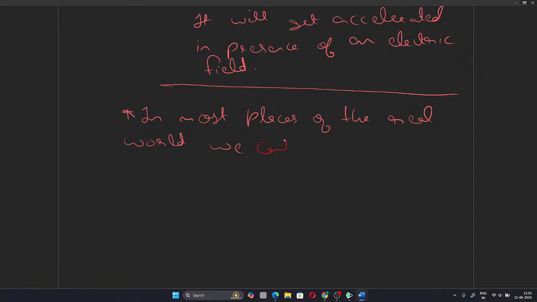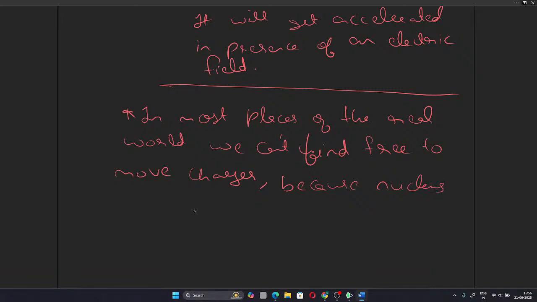Matter contains atoms, which contain nucleus and the electrons, and we can't find free charges because nucleus and electrons are tightly bound together.